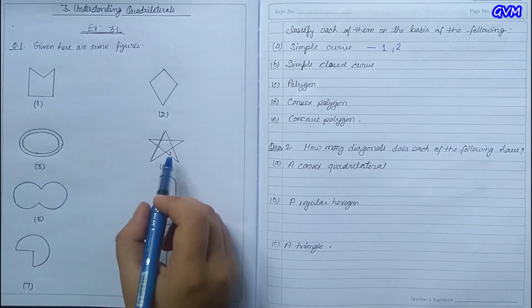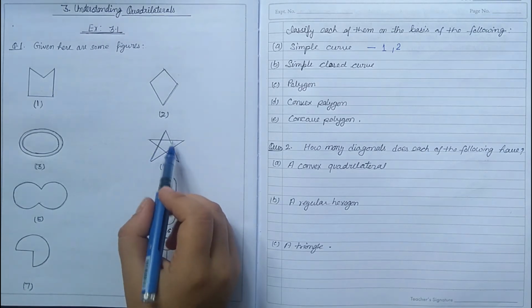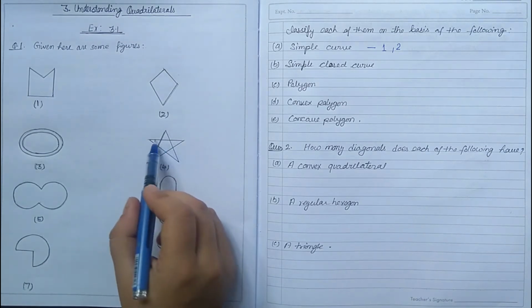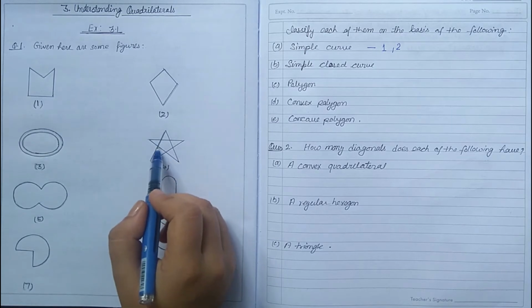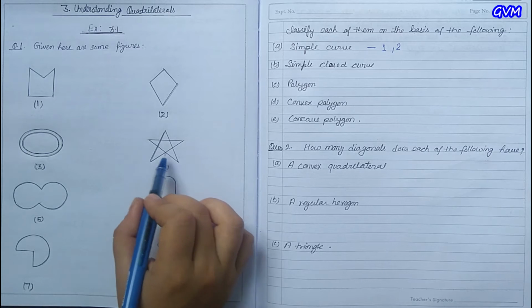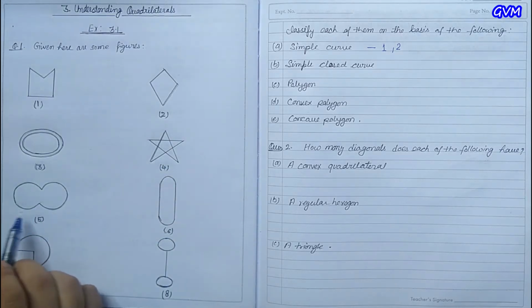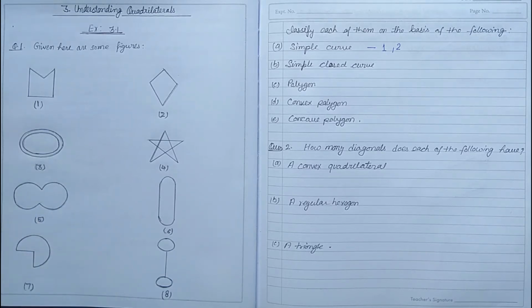Fourth one is a star-like shape, but it is somewhere intersecting itself. Like here this line is intersecting itself here and here. So this will not fall under the simple curve category. Fifth is a simple curve. It is continuous and not intersecting itself.